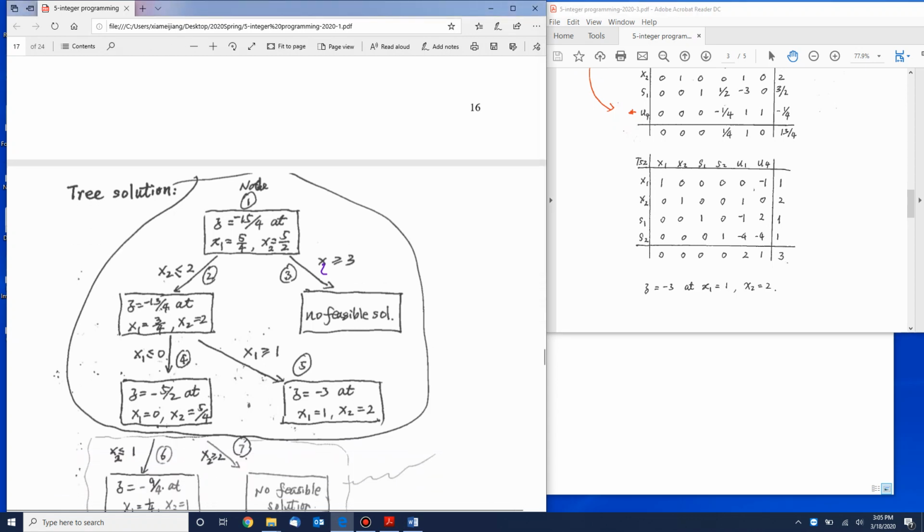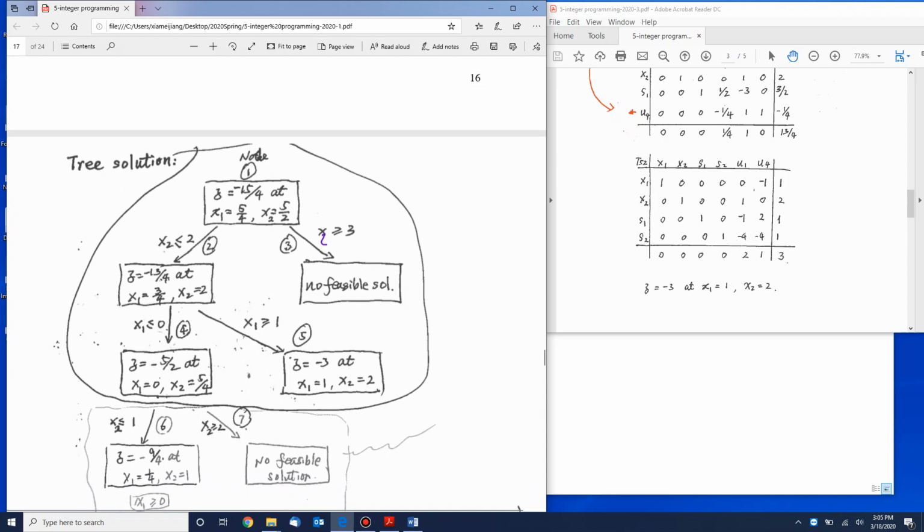For the other one, we have to go further to discuss x2 equals 5/4. So we know that it is greater than or equal to 1 and less than or equal to 2. So now we consider x2 less than or equal to 1 and x2 greater than or equal to 2. These are two branches, and we can do the same thing and work it out.